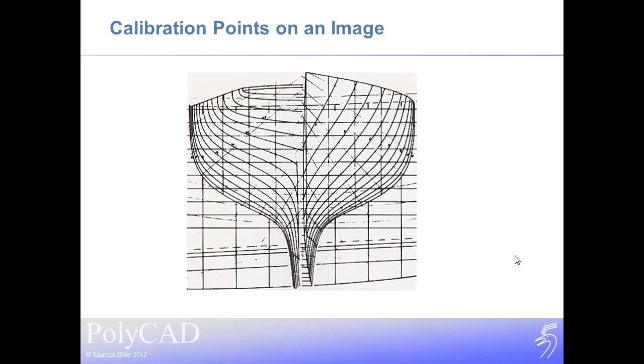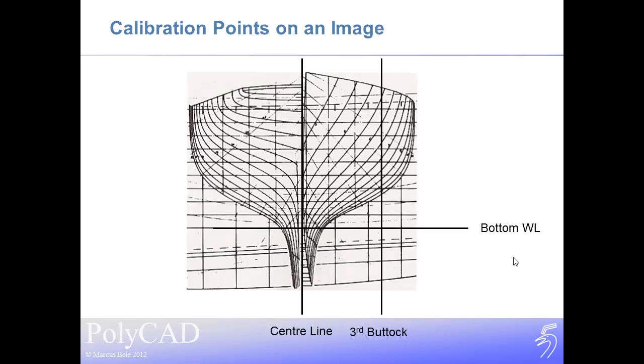So, highlighting the issue of the calibration points, this is a fairly traditional yacht midship section. The type of information we're looking for could be things like a center line, some buttocks, various vertical features like our bottom waterline, or we could choose this deck up here. And ultimately we're looking for a rectangle or 4 points which we can use to scale the image.